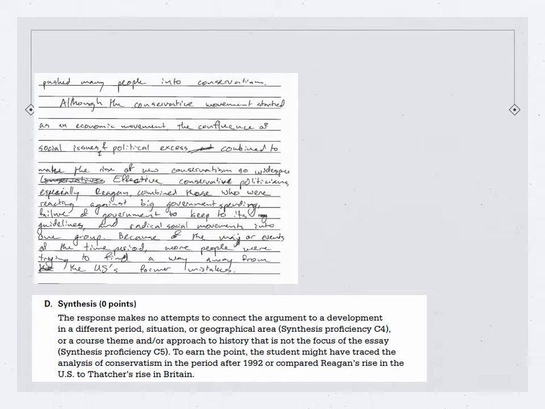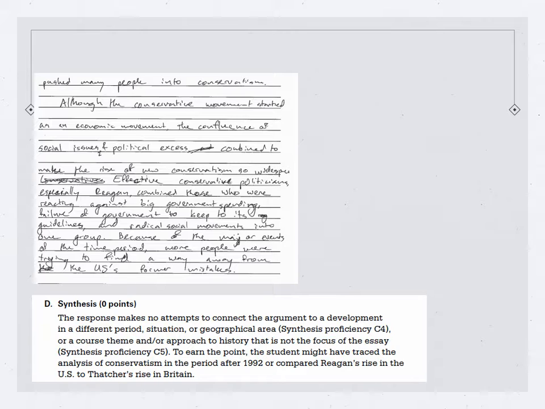The last part of this essay, this is actually the last page in the conclusion, and it tells that the author was unable to provide any synthesis, and it does provide an explanation of how the synthesis could have been done. One of the ways that the author could have talked about synthesis is to connect the rise of the conservative movement in the 1980s to the Great Awakening, and that it was a conservative movement.